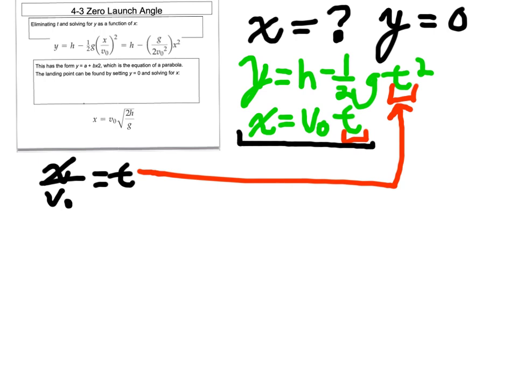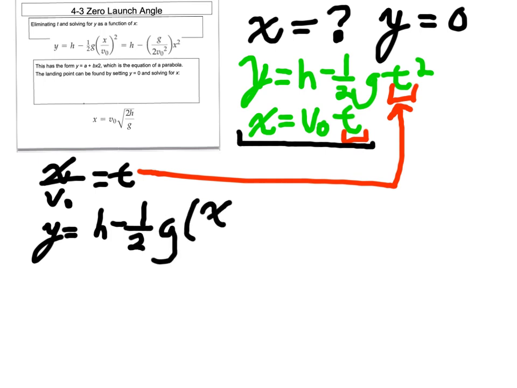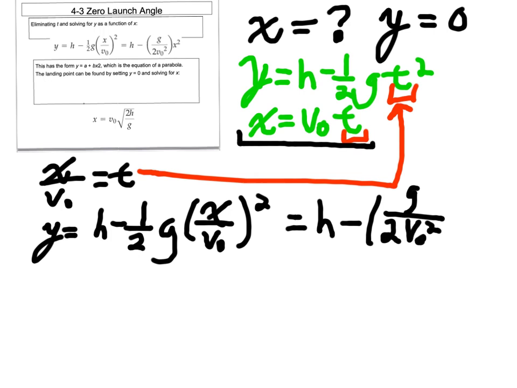So the y equation becomes y equals h minus 1/2 g times x over v naught, squared, which then, if I multiply through the 1/2 and the g and pull out the x from the parentheses, looks like h minus g over 2 v naught squared x squared. So I carried through the exponent, the squared, and multiplied through the 1/2, the g, and pulled the x out of parentheses, because I'm eventually solving for x.